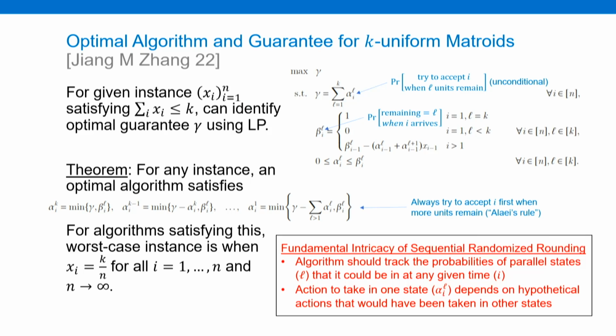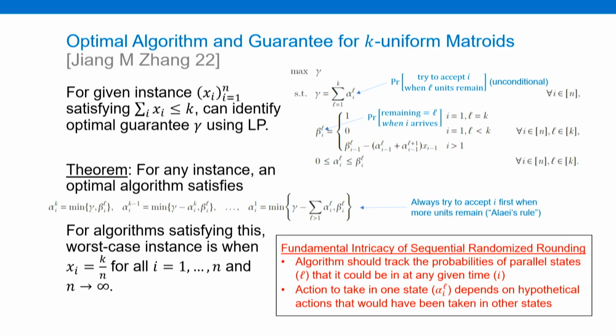Okay, so at first glance, this seems like a weird algorithm, right? Because I've shown you several of these algorithms where your algorithm needs to track the probabilities of all the parallel states you could be in at any given time. At any given time, you have some number of units L remaining.